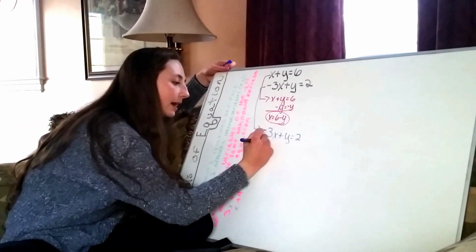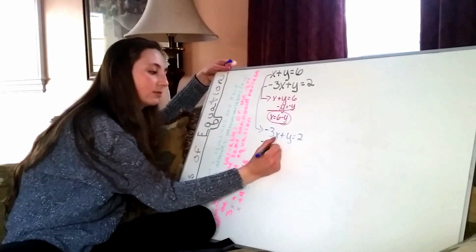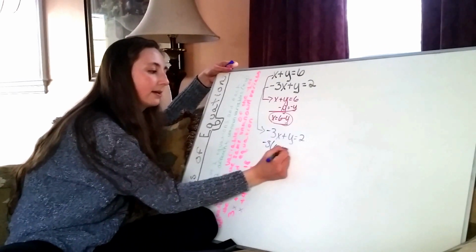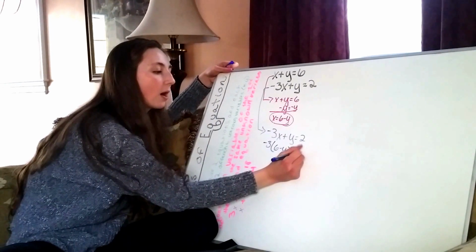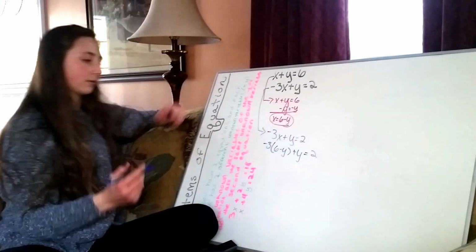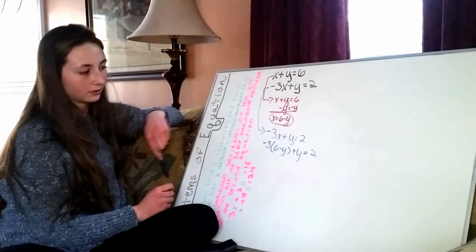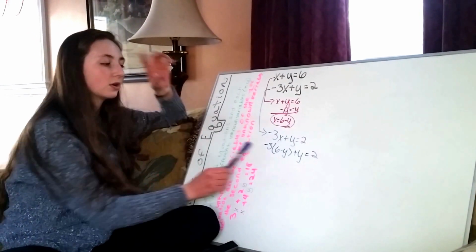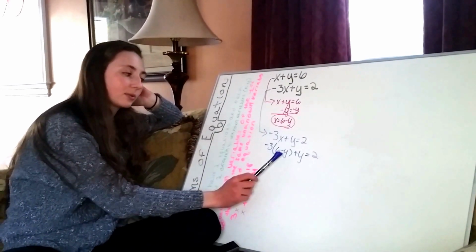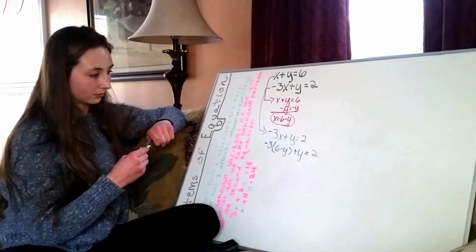So negative 3 times 6 minus y, plus y, because that was there, is equal to 2. Now that we've substituted this x value into the other equation, there's only one unknown variable, which is the y. And we can solve for that since there's only one unknown.